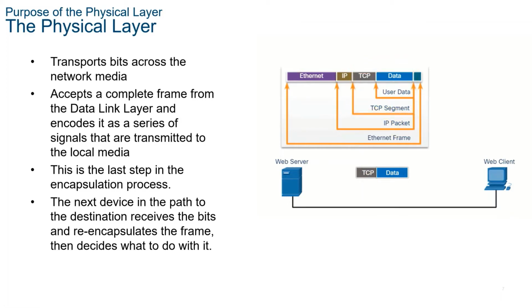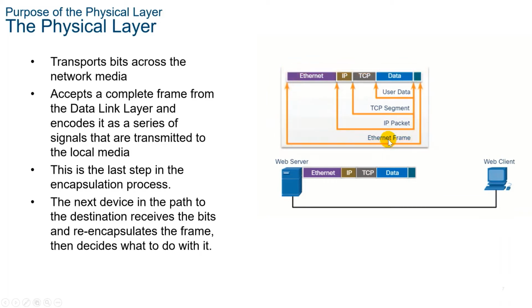After the encapsulation process, it will be moved downward to the network layer. On the network layer, an IP header will be appended, and this PDU, or protocol data unit, is what you call an IP packet. After the encapsulation, it will be moved downward to the data link layer, where an Ethernet header and a trailer will be appended, and we call it a frame.